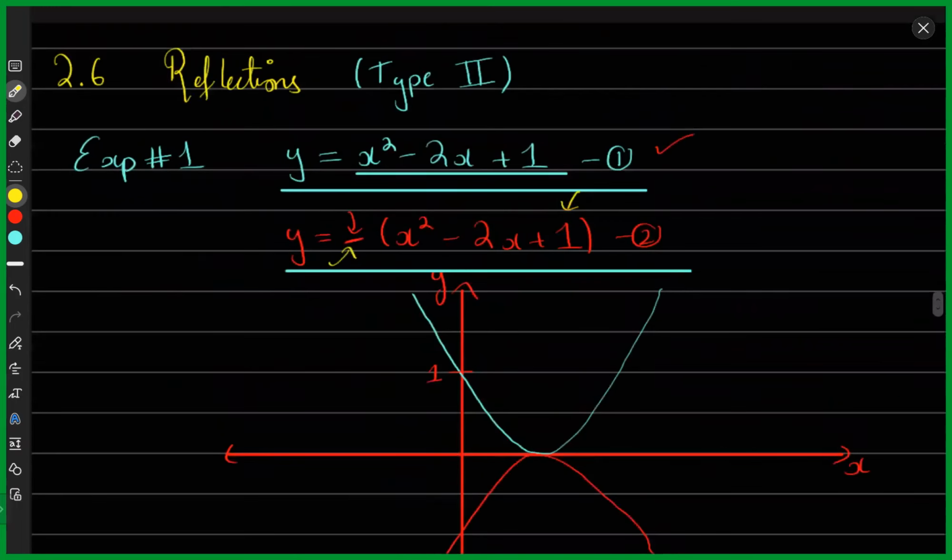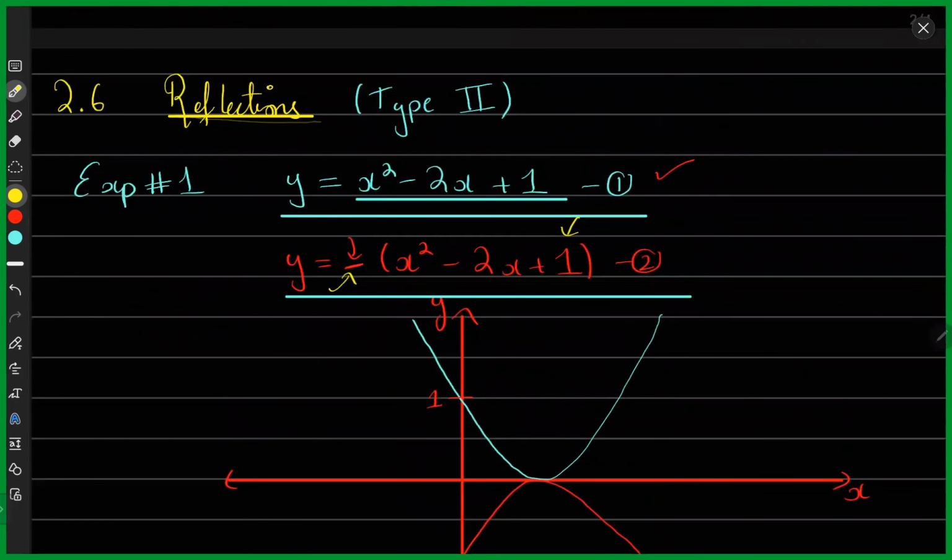Reflection is reflecting. We know what exactly reflection is, and how would we know if it would be reflection or not? It would be because of this negative sign. If you have a negative sign with the entire function, or with x only, it would be reflection. If we have a negative sign with the entire function, the line of reflection would be the x-axis.